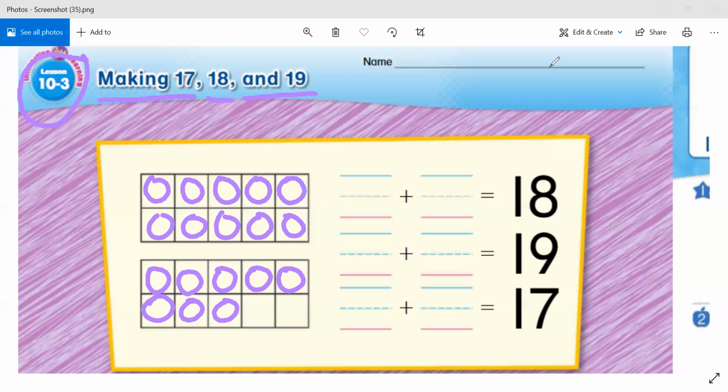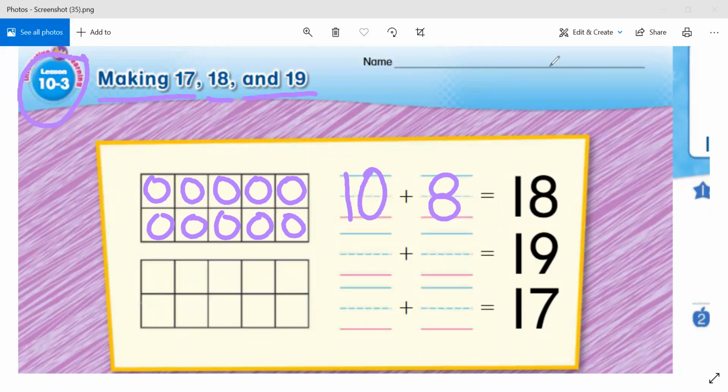And when I put down 8 more counters, it makes 18, right? So I had 10. I put down 8 more, and we got 18. 10 plus 8 equals 18, right? Okay.